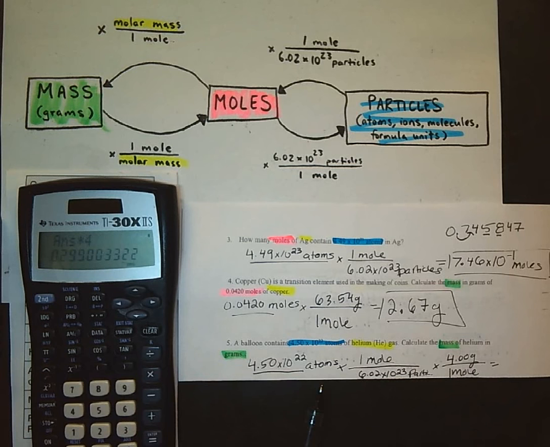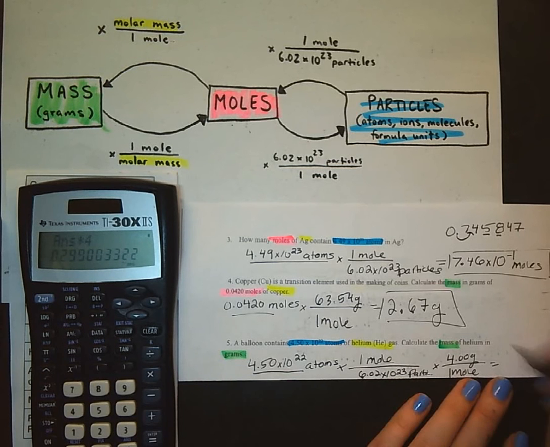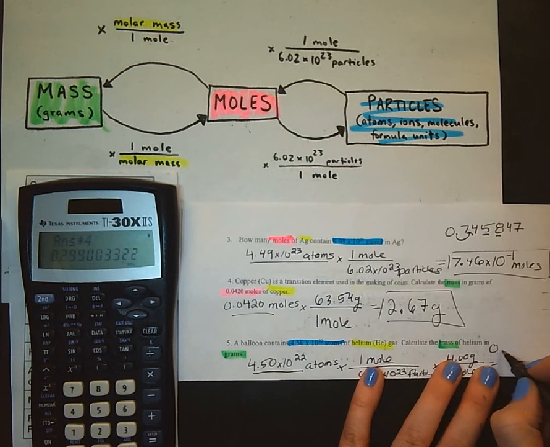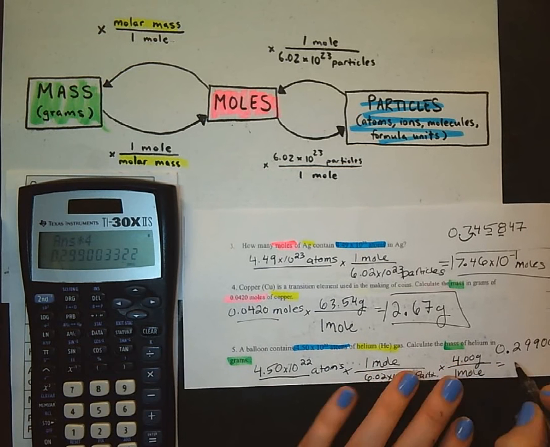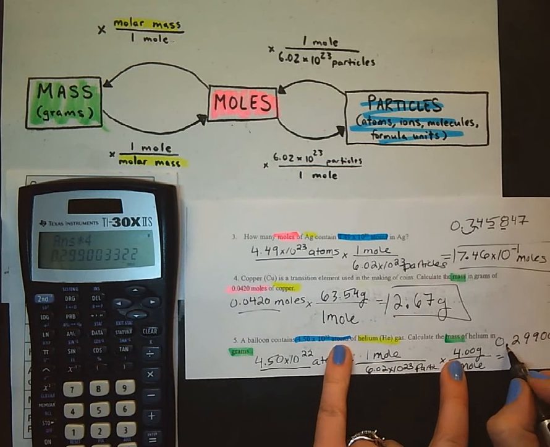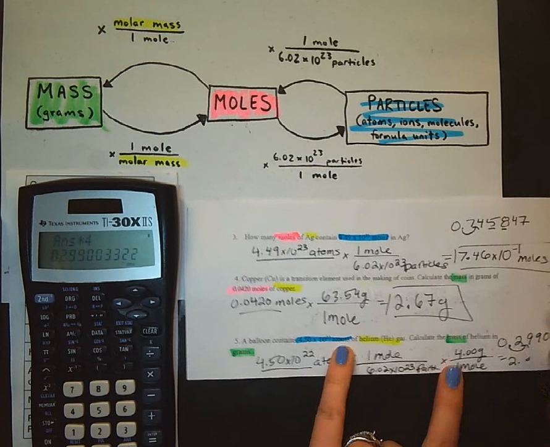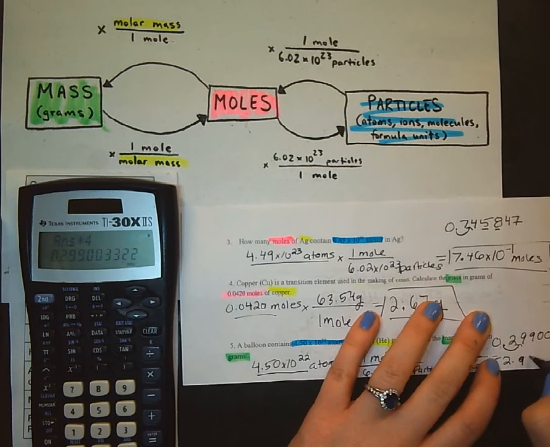Okay, and it does give you a really small number, so again, you're going to have to change that into scientific notation. 0.29900. So, to move my decimal point to get a number between 1 and 10, I'm going to have 2.99, and I don't round that up because the next number is a 0, times 10 to the negative first, and the unit is grams.